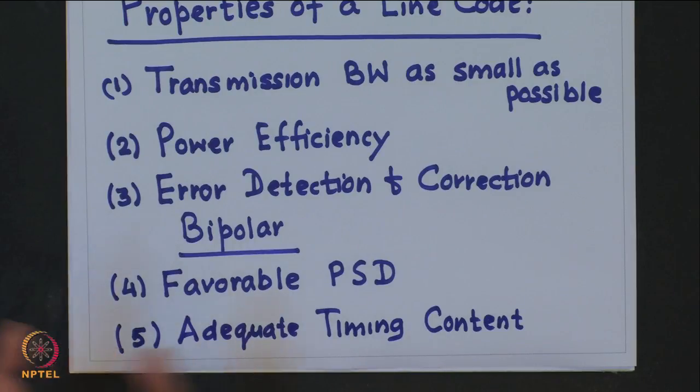Now, if you look at digital communication channels, you will find that there are regenerative repeaters placed at regular intervals, and the task of this repeater is basically to detect the incoming digital signal and regenerate new pulses for onward transmission.